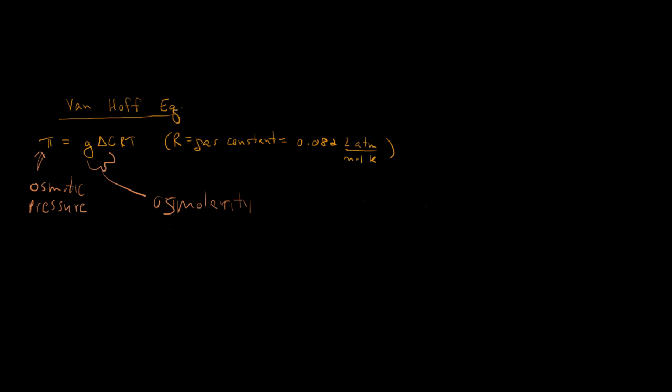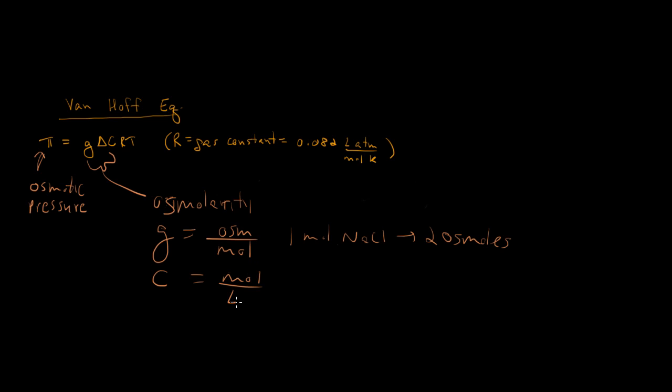We can see this because g is really just the number of osmoles per mole. So we saw 1 mole of sodium chloride gives 2 osmoles. In a similar fashion, C is just a concentration. It's just molarity, moles per liter.